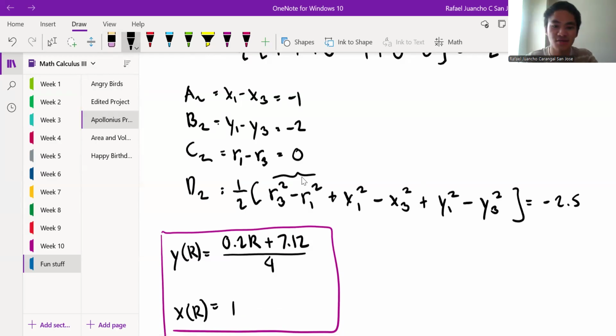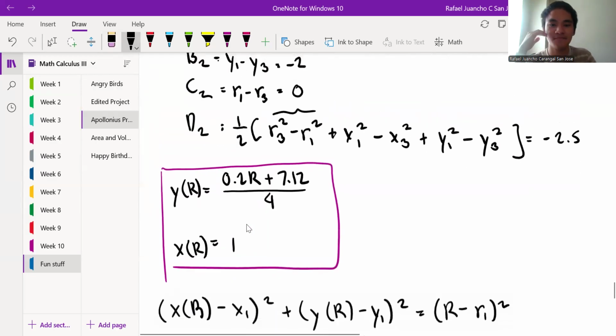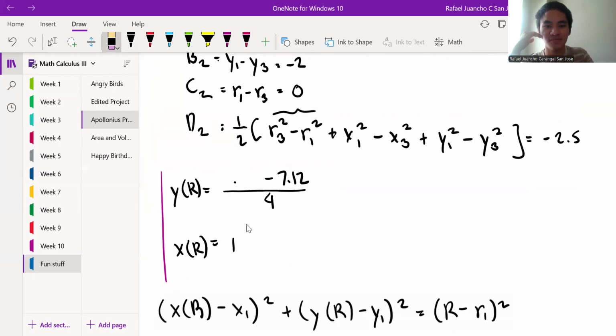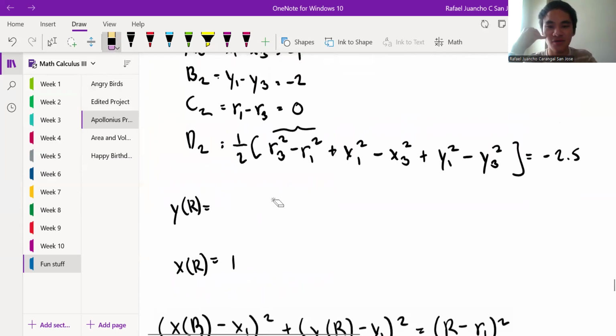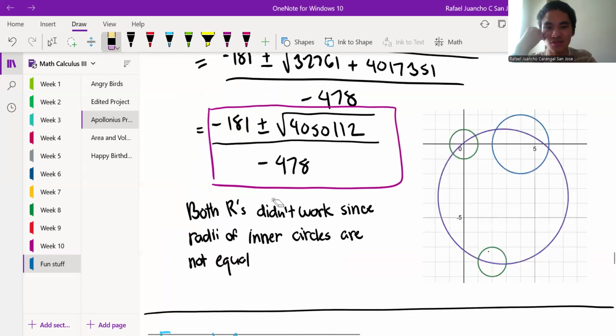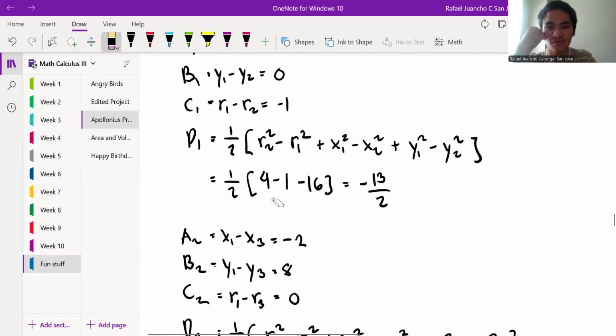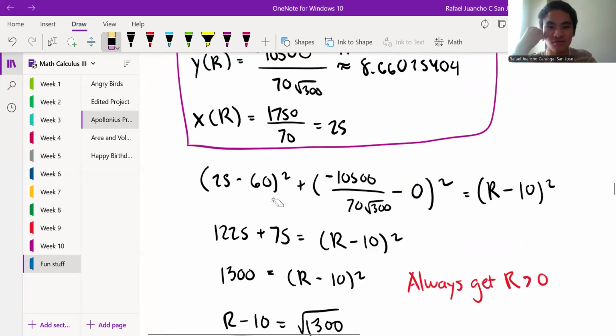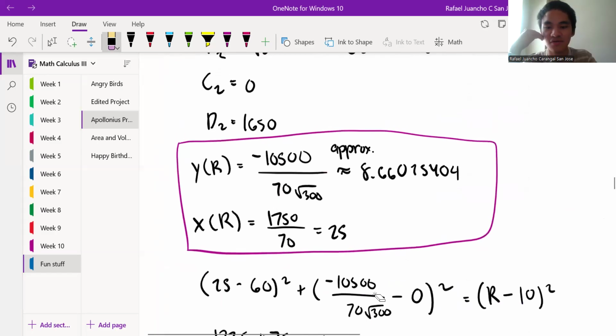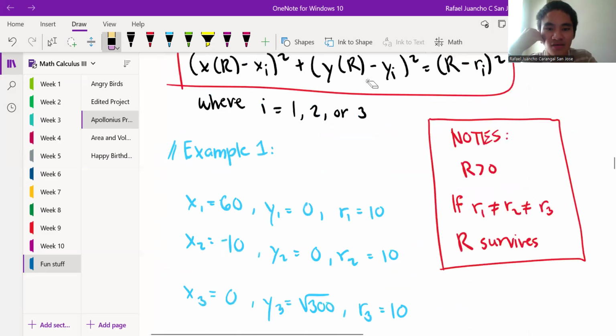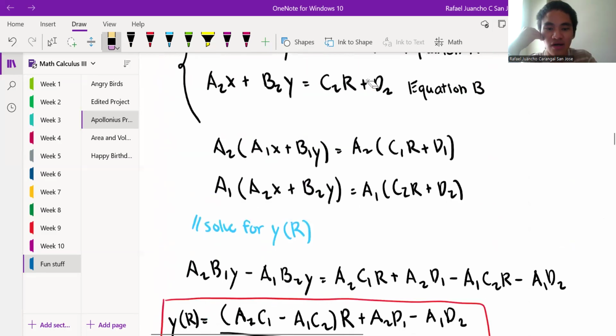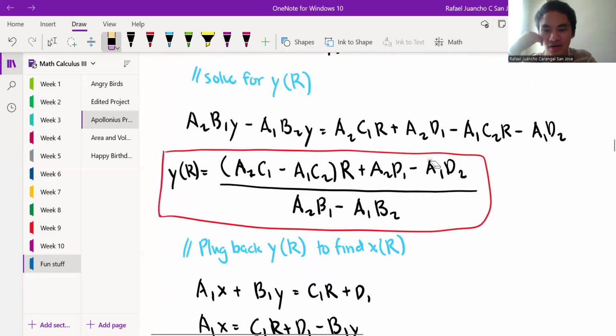Okay, let's try this. Let's see how well we do. So my y of r is, crap, I totally forgot what it was. My y of r is this. Oh no, that was my first example. My y of r is this.